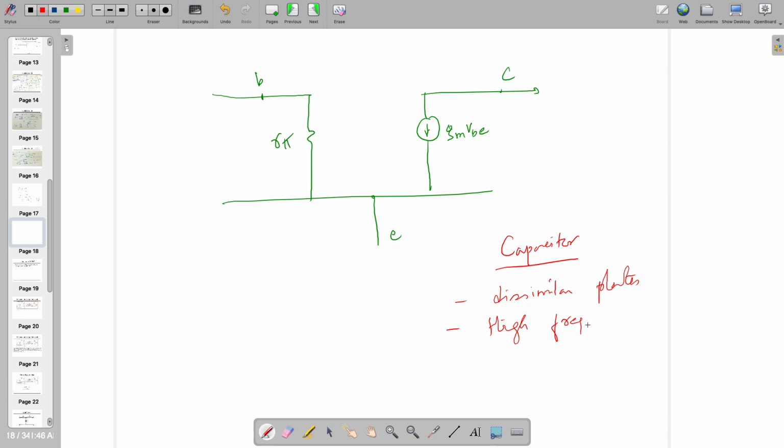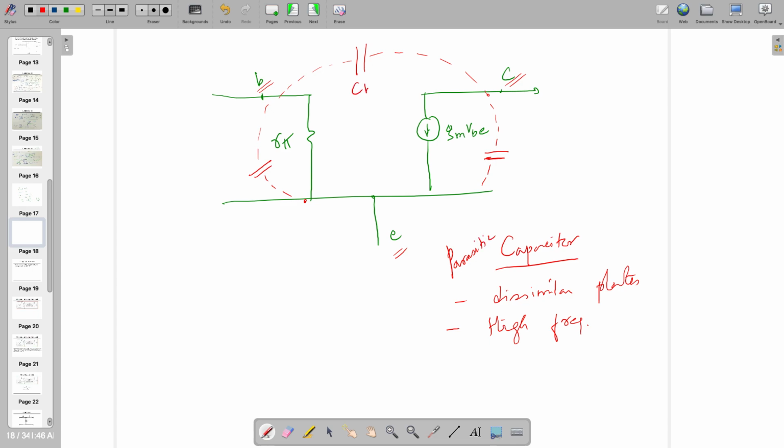So right now, I can see three dissimilar plates. Can you see three dissimilar plates? Base, collector, and emitter. All are dissimilar. If you are working at high frequency, you should see three capacitors. I am making them dotted because they are not visible, but they are there, and we are going to call them parasitic capacitors.